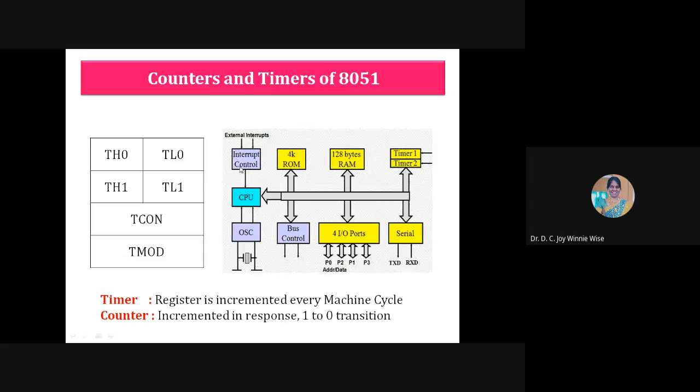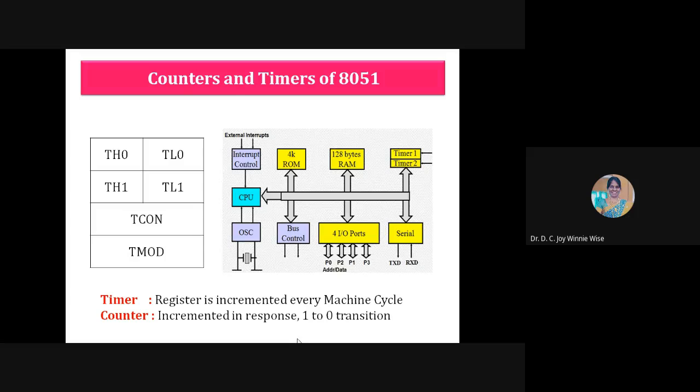To control the interrupts, we have an interrupt control unit. And we have the CPU here. Then the oscillator, which is used to produce the clock pulse. And we have the bus control, and we have 4 I/O ports: port 0, port 1, port 2, and port 3. Port 0 is used for data transfer, and it also represents AD0 to AD7.